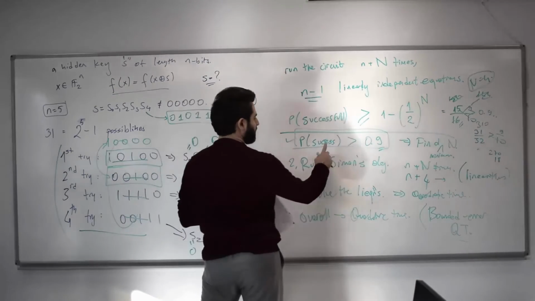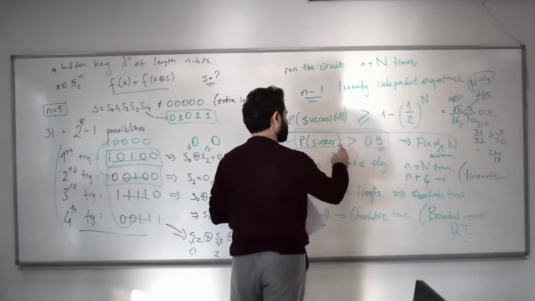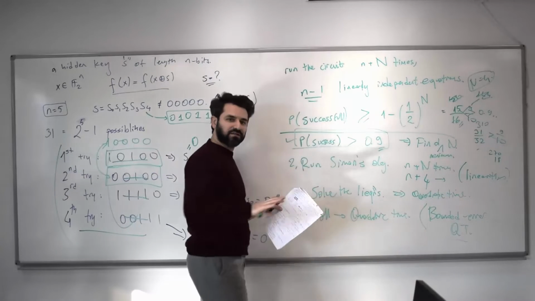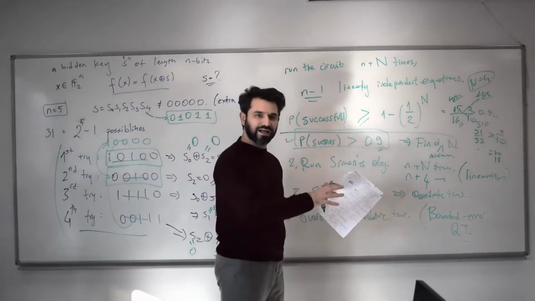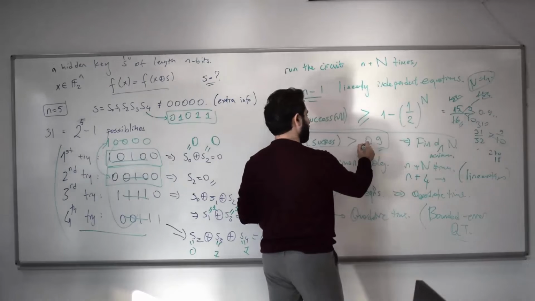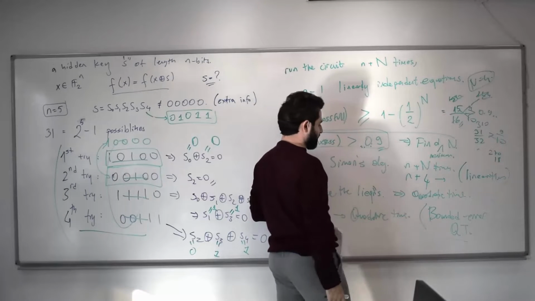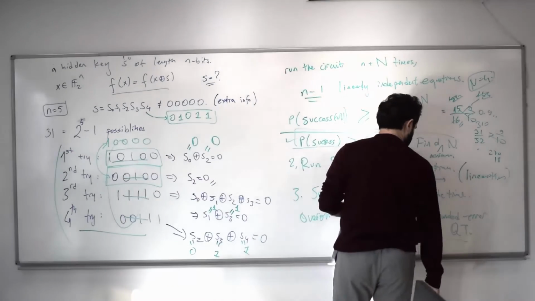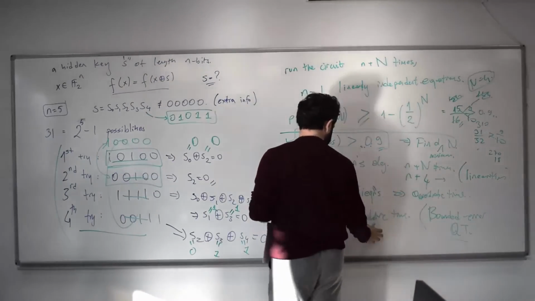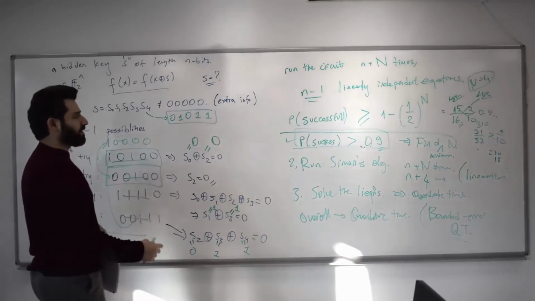Because the success probability is greater than 0.9, but it doesn't eliminate the unsuccessful cases, which still have some non-zero probability. That's why people call it bounded error, because you bound the error, or you bound the success. As you can see, the algorithm has two parts.